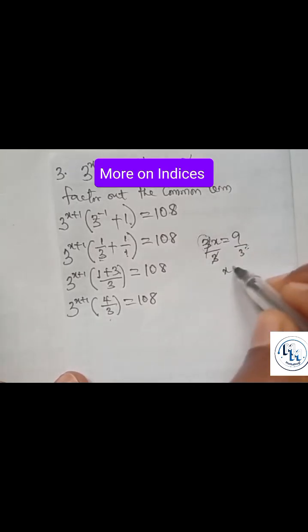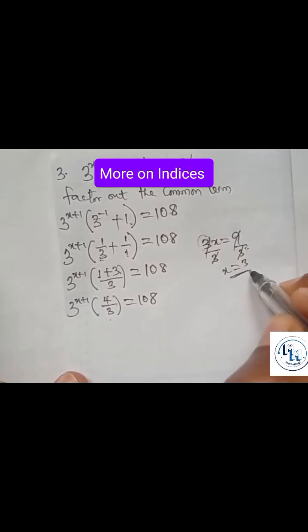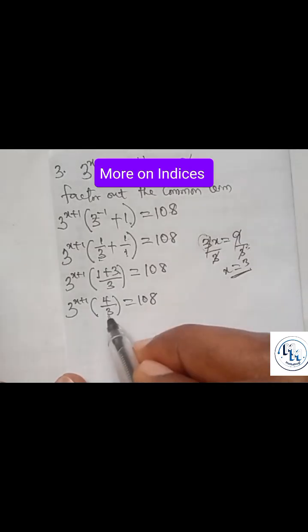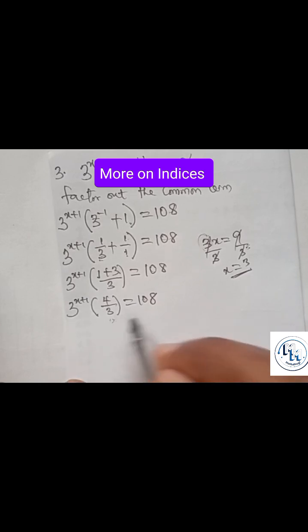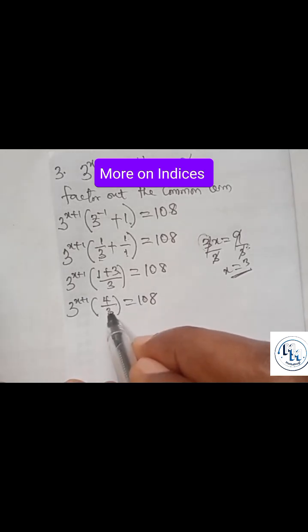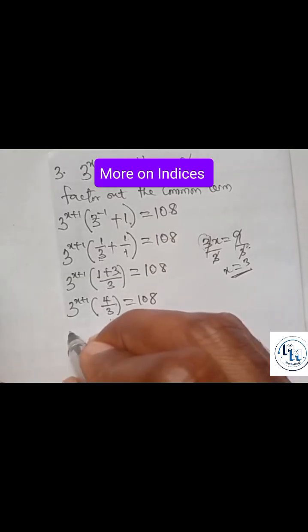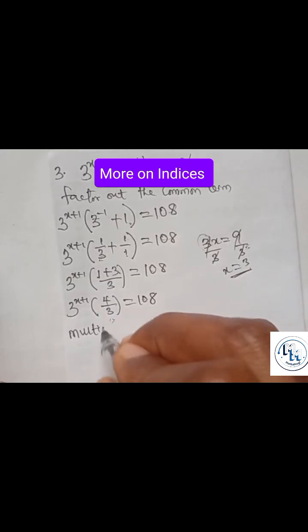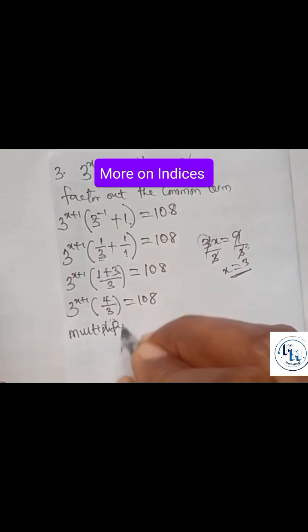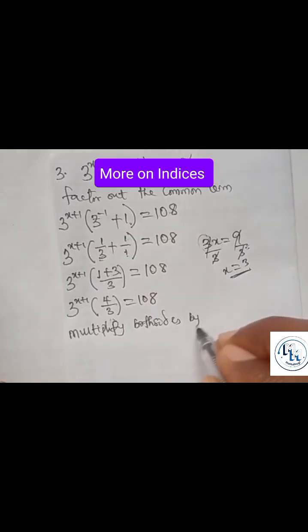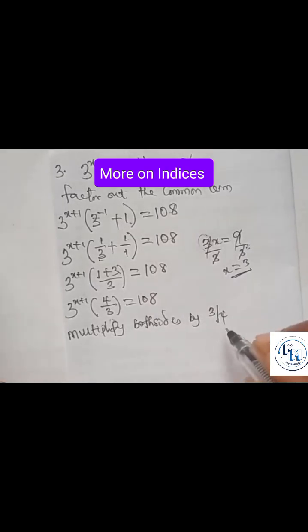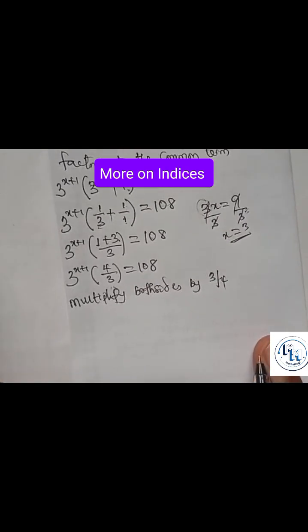Once I do, then x is 3. So I'm going to divide both sides by this 4/3. To divide both sides is something like saying multiply both sides by the inverse of this. The inverse becomes 3/4. Okay, so I'll multiply both sides by 3/4. Is that okay?